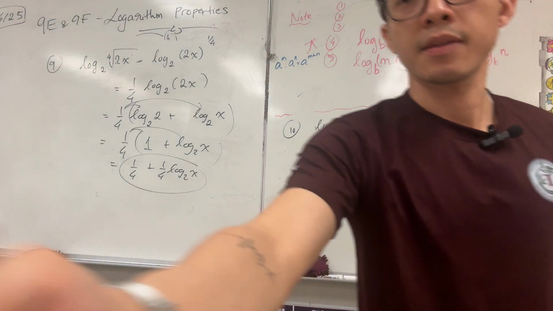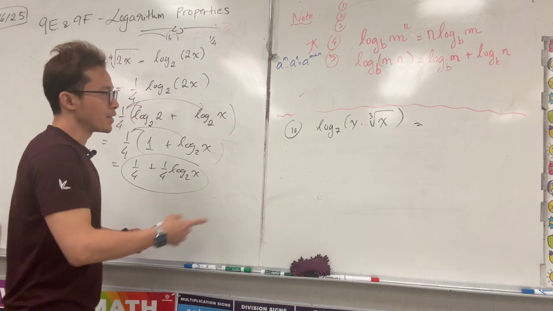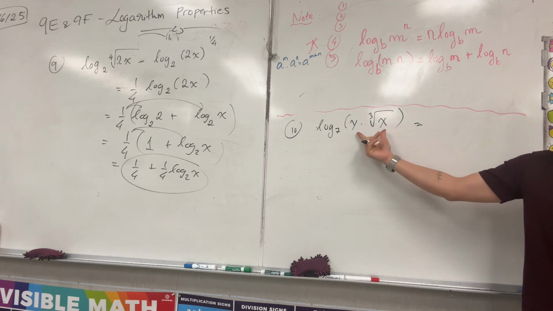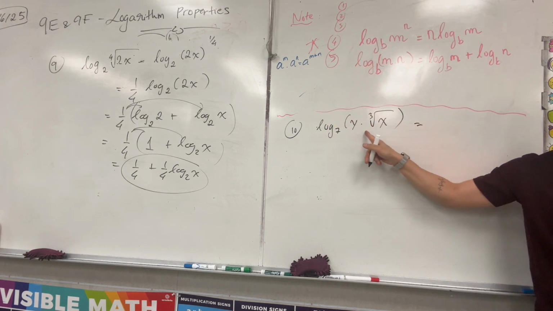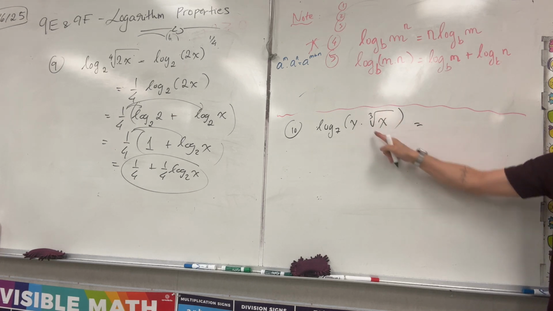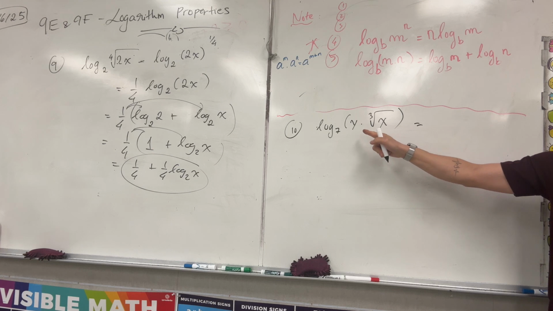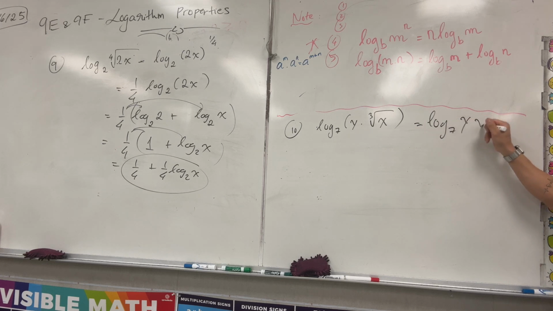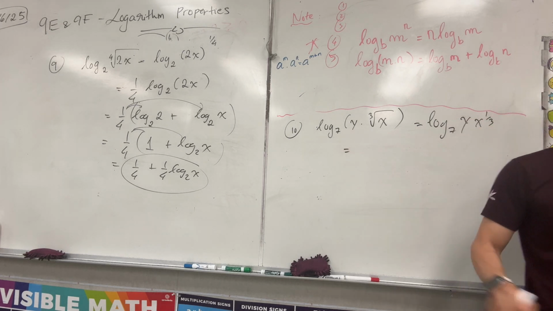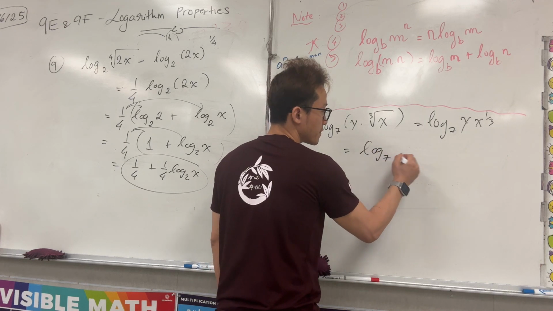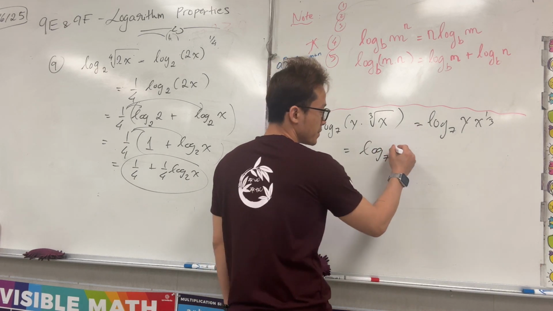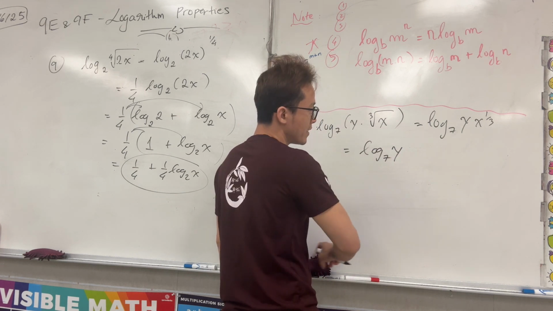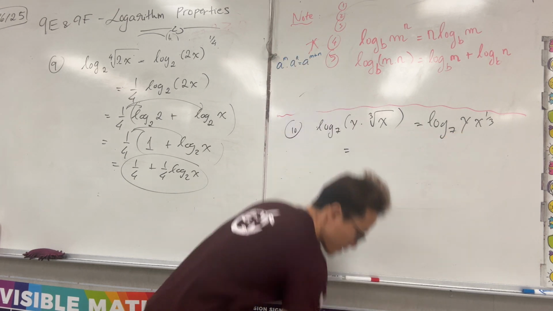Try by yourself. You're going to do it, you get a point. Okay, Rachel, let's go. What are you going to do first? Let's come back. Are you going to take care of the multiplication first, or the power first? Okay, you're going to change that first. So y and then x to the power 1/3, and that's equal to log base 7 of y plus log base 7 of x to the power 1/3. You want to do the x first?